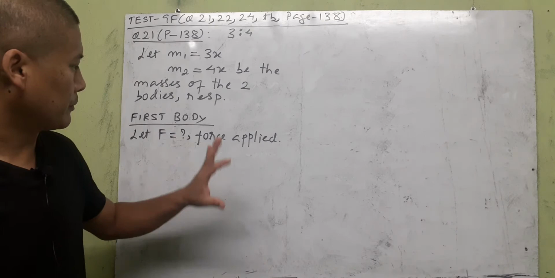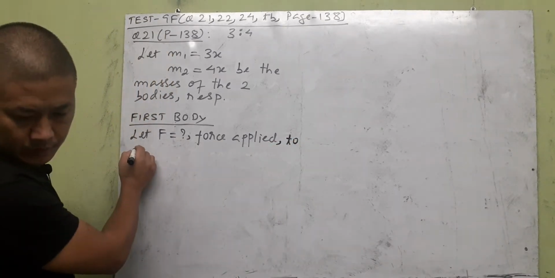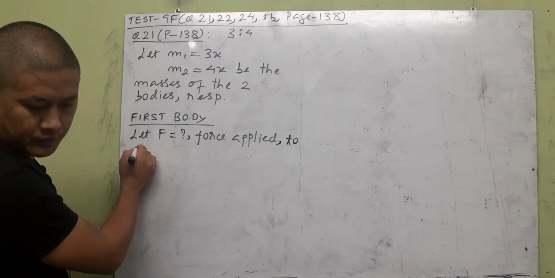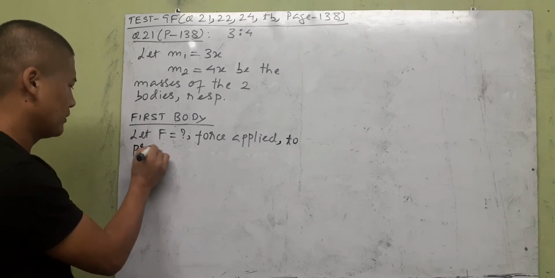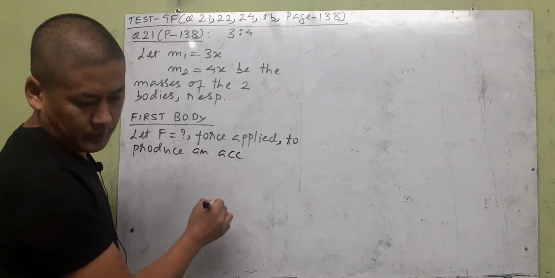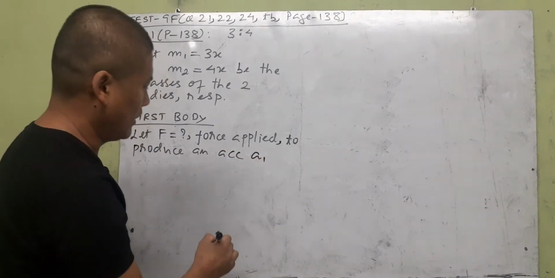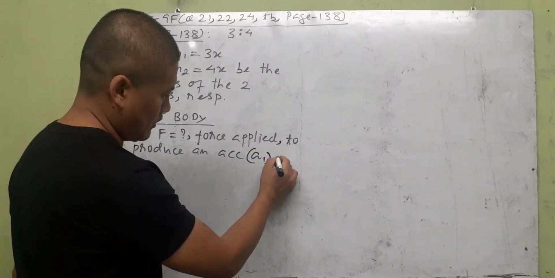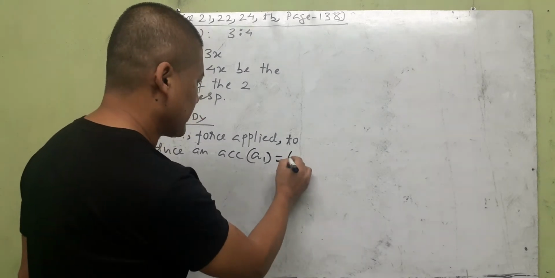Let F equal the force applied, to produce an acceleration, let us say A1. Acceleration A1 equal to 6 meters per second square.